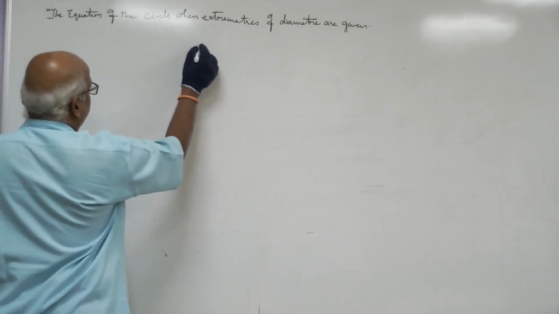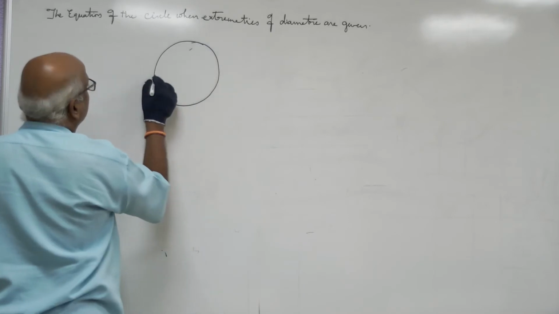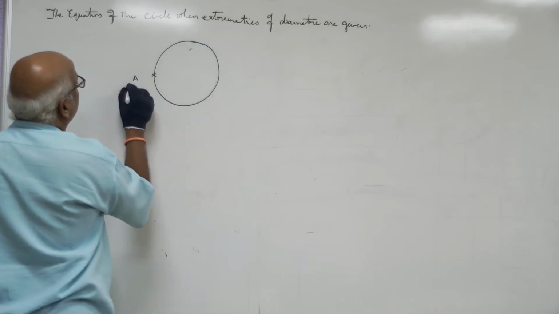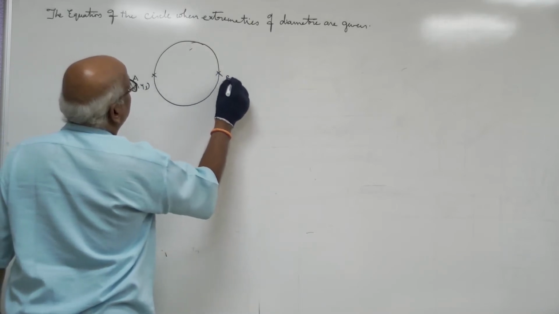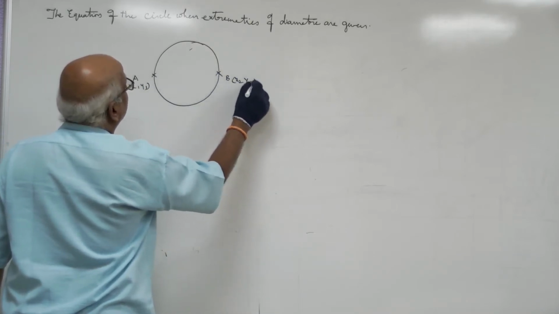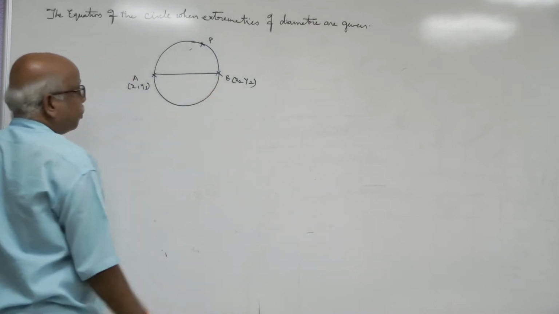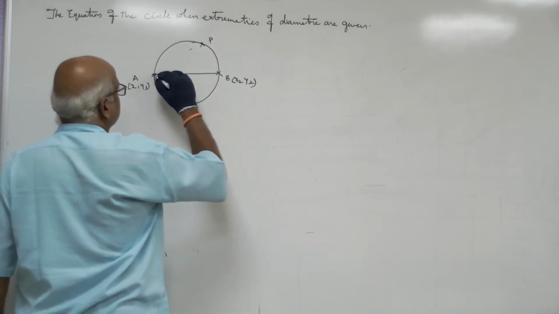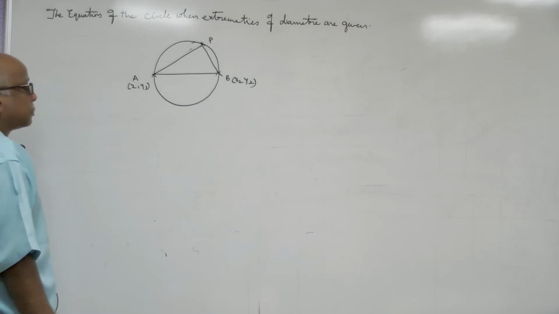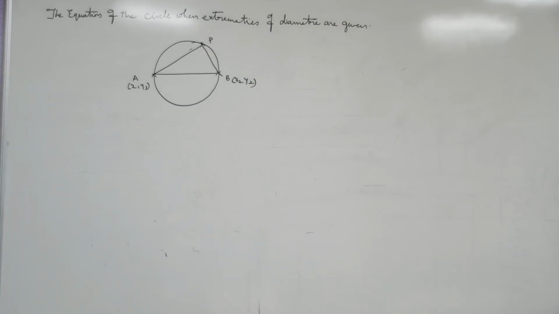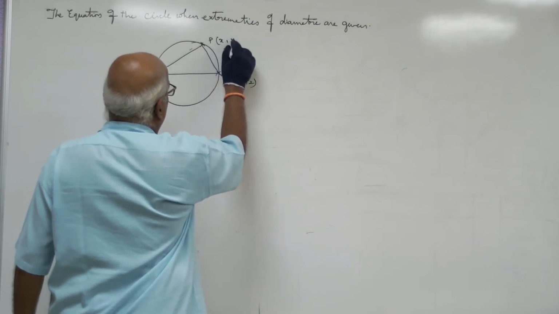What does it mean? Suppose this is a circle here. A (x1, y1), B (x2, y2), and P, whose coordinates are (x, y).